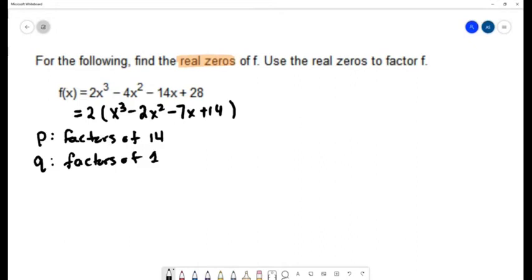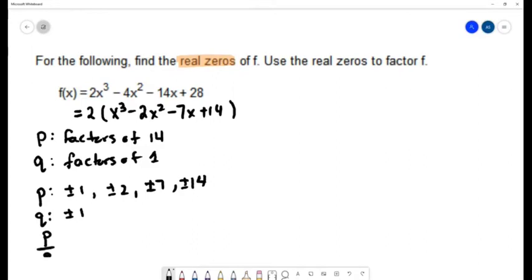So for p, the factors of p are plus and minus 1, plus and minus 2, plus and minus 7, and plus and minus 14. And for q, the only factors are plus and minus 1.